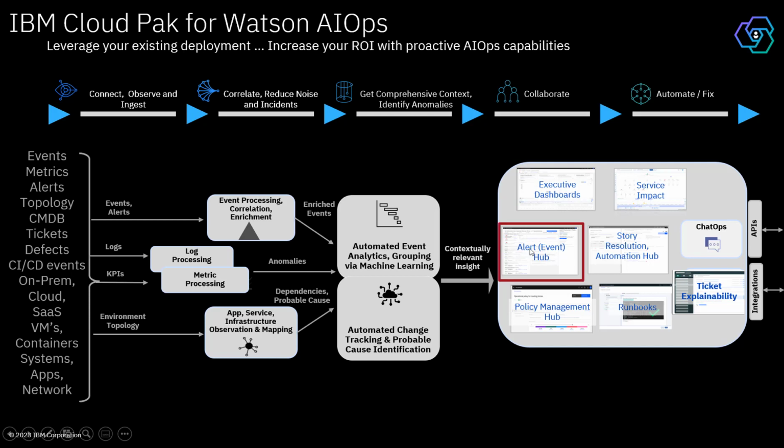We are in the event management part, and we are front-ended by the alert or event hub. This is a special feature of the Cloud Pak for Watson AIOps, and it is not part of the also just released Netcool Operations Insight version 1.6.8. So this is a unique feature of the AIOps capability.